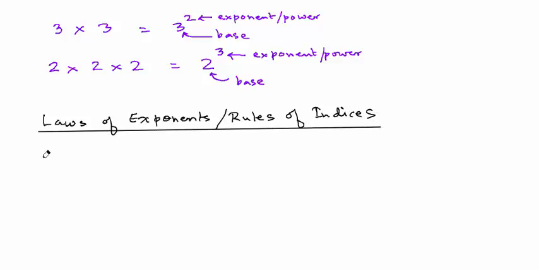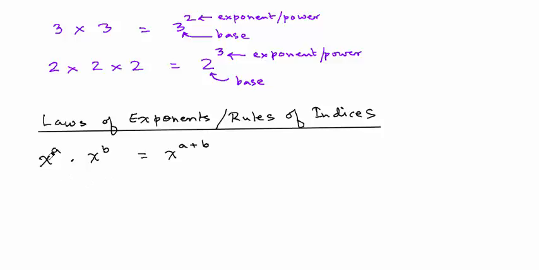And the first one tells us that if there is a base x raised to the power of a, and that has been multiplied with x raised to the b, where a and b may be the same or different numbers, as long as the base is the same, x and x, you could combine them and rewrite that as x raised to the a plus b.